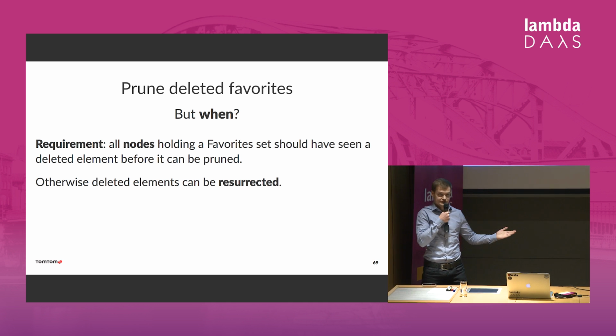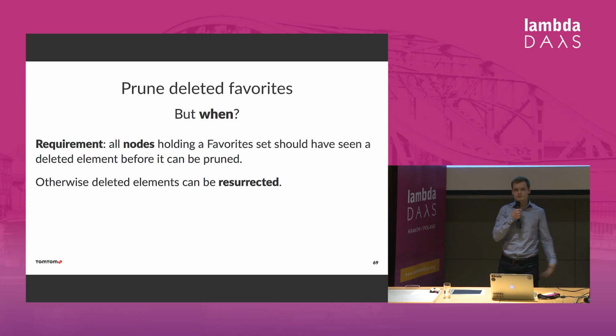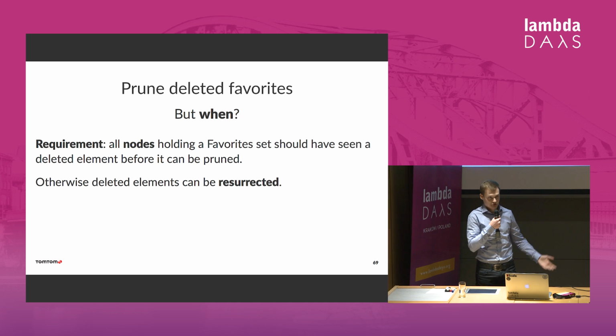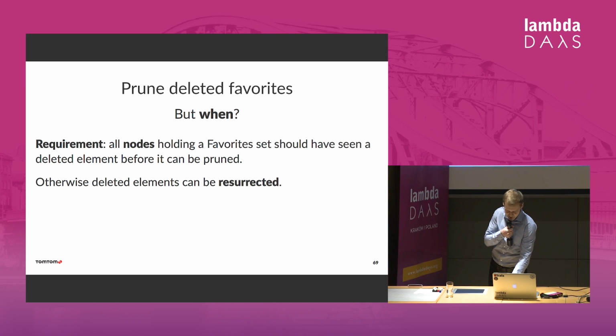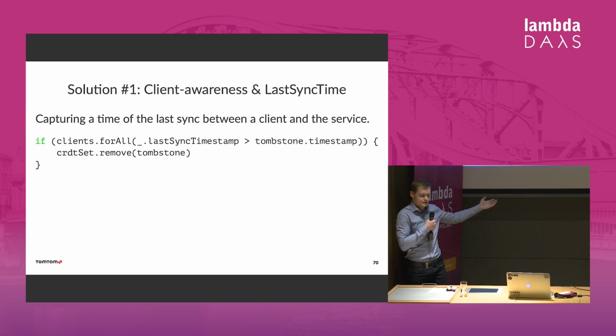Otherwise, it might be resurrected. Imagine that the client was offline, we just prune from the server, it goes back online, it sees that the server doesn't have that value, tries to re-push it, the server doesn't know that that element was removed, and it adds it back. Not really good. So we started thinking, okay, how can we solve that?